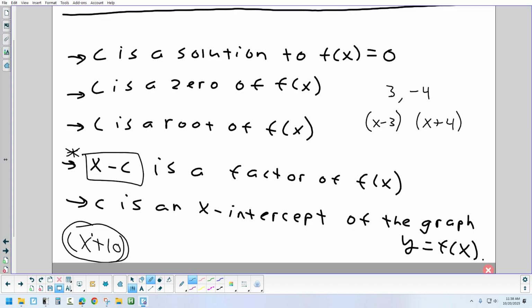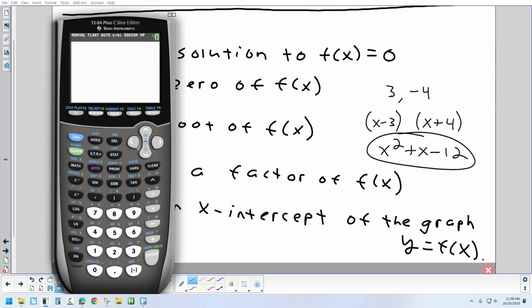Okay, so once you know the root, write x minus, and that's your factor. And now what I can do with that is I could multiply it out. And if I were to graph that on the calculator, it would cross the x-axis exactly at 3 and -4. Let's check it.